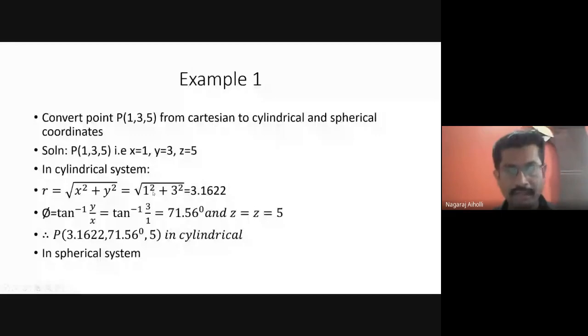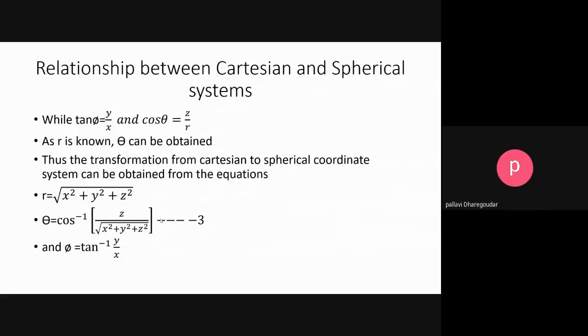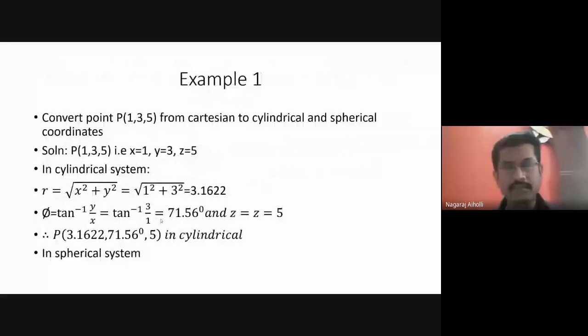Find out the value of tan inverse 3 by 1. 71.56. Very good, 71.56. Fine. z is the same, z equal to z only, that is equal to 5.